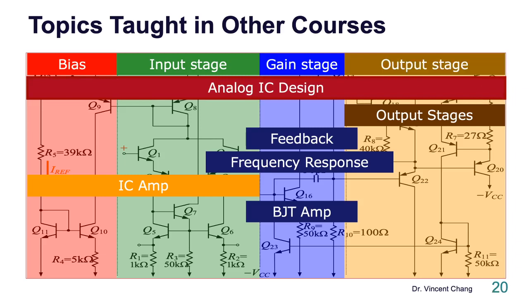In a course such as analog IC design, you will dive into the whole circuit to understand how those sub-circuits interact with each other, and also the low frequency, high frequency, phase, performance, etc.